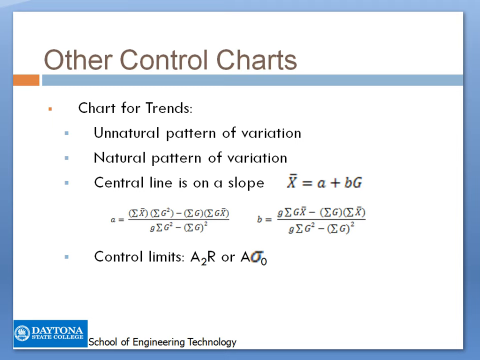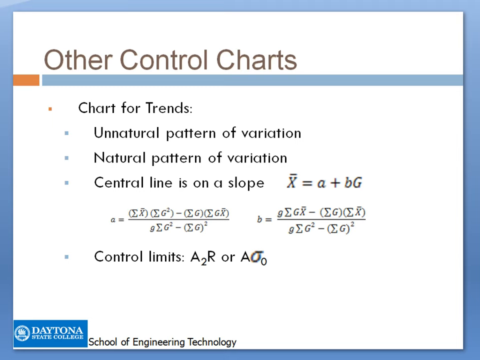And it's represented by the X bar equal to A plus BG. And where A is another factor that you need to calculate, and it's called the point on the vertical axis where the line intersects the vertical axis. And B is the slope of the line.